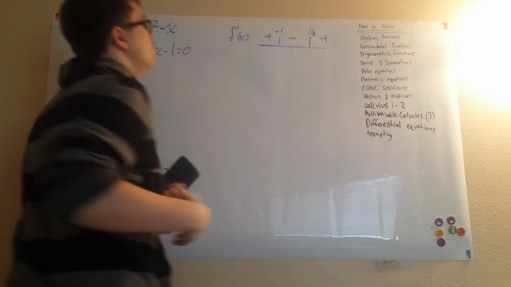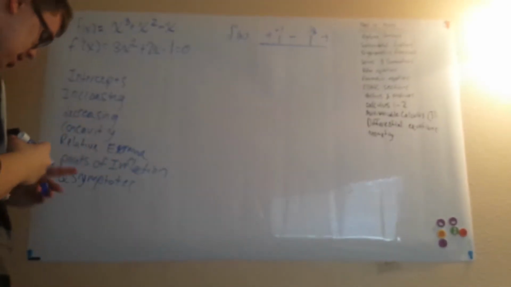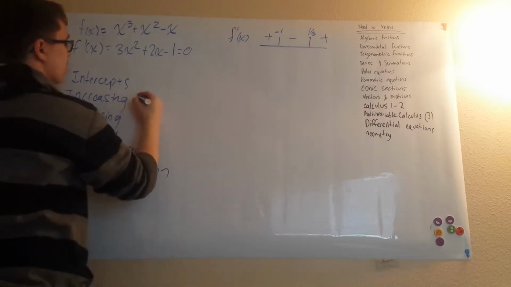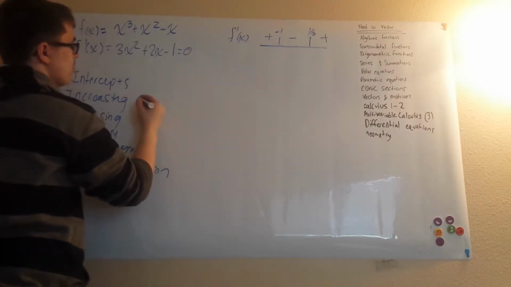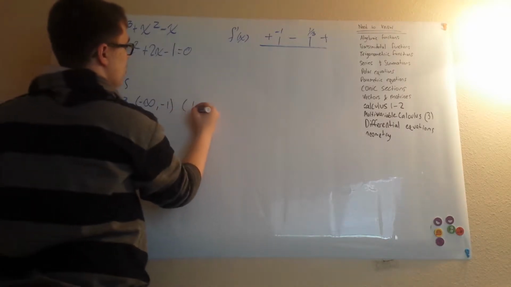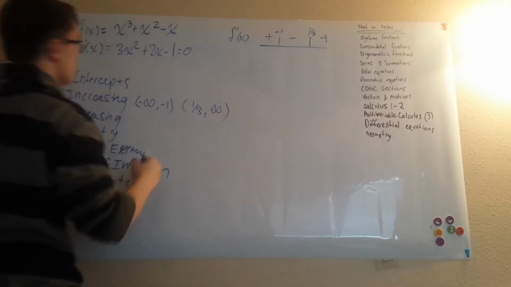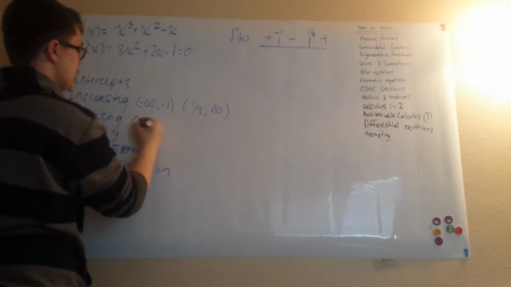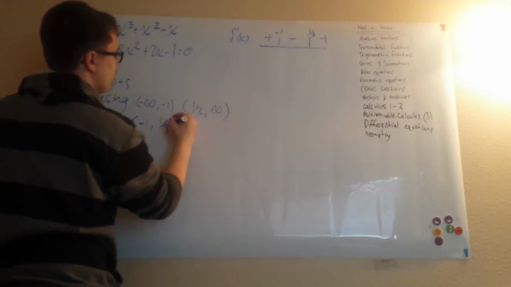So we're increasing on the intervals from -infinity to -1 and from 1/3 to infinity. Right there. We're decreasing between -1 and 1/3.